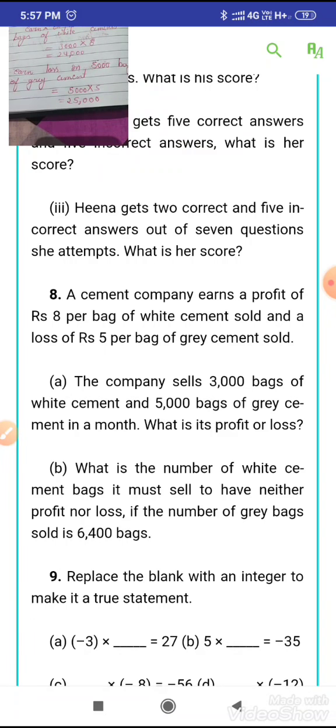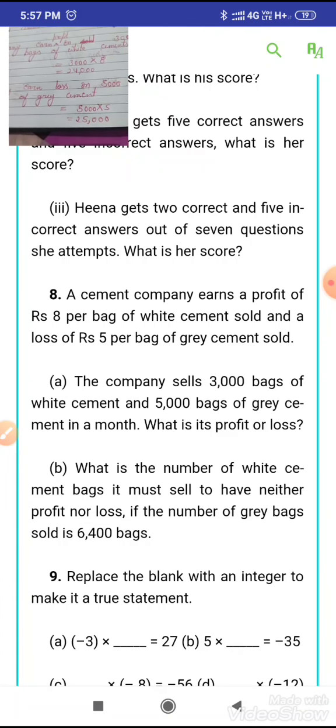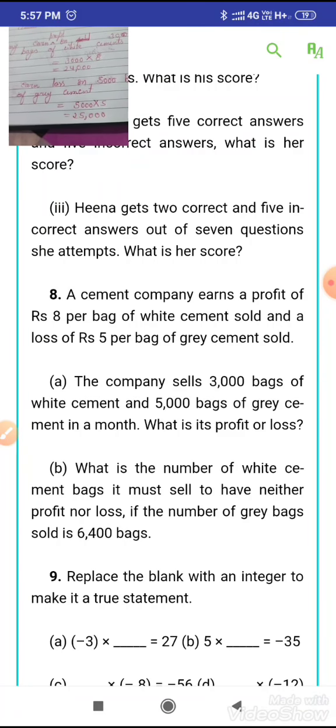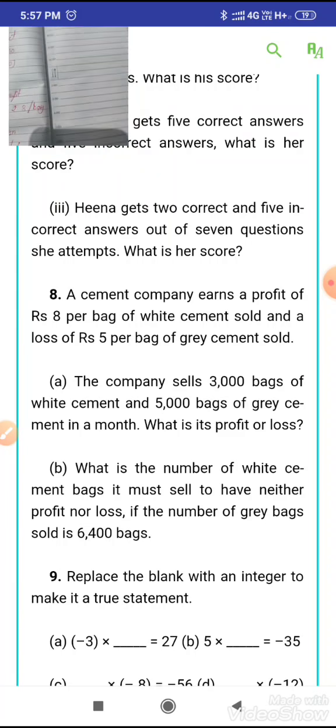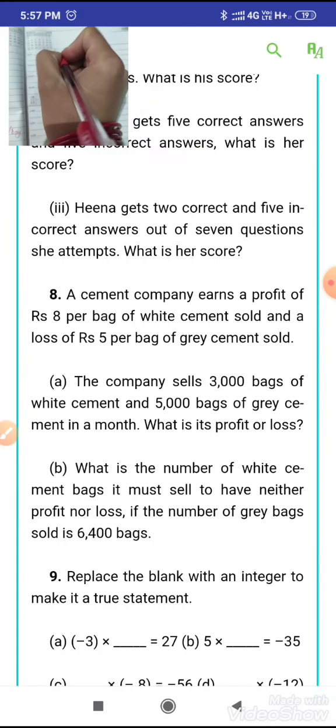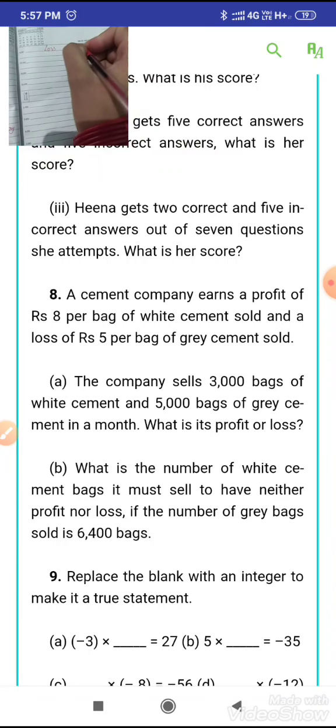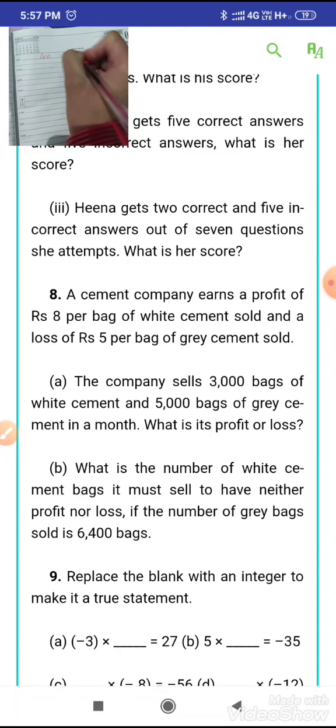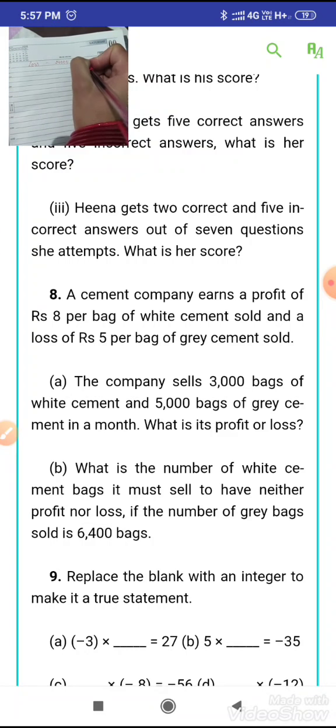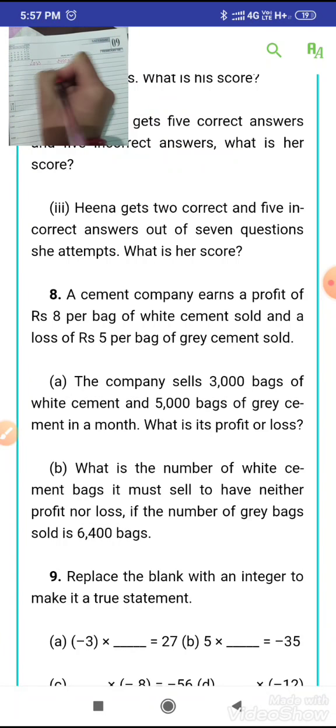So the company's loss is equal to 25,000. We can clearly see here that the loss is greater than the profit. So in total, the company has a loss, and the loss is 24,000 minus 25,000, which is equal to minus 1000.